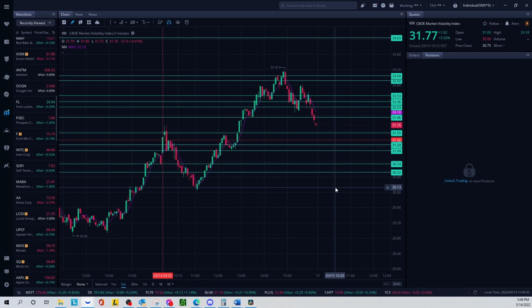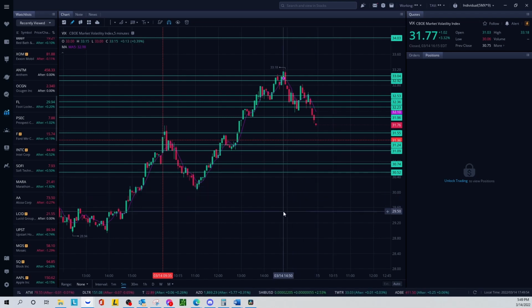You can just grab two charts side by side, put the VIX on one, put the S&P on another, go back in time as far as you want to go, and just look how the price action moves on SPY relative to if the volatility index is decreasing or increasing.